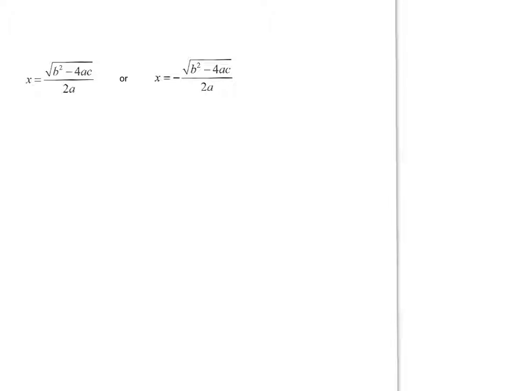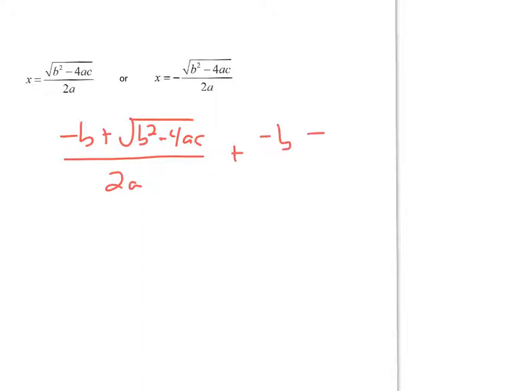So I'm going to start by taking my first root, which is negative b plus my radical, b squared minus 4ac, all over 2a. I'm going to add that to my second root, which is negative b minus the radical, b squared minus 4ac, all over 2a.